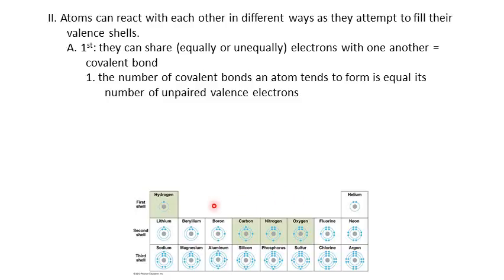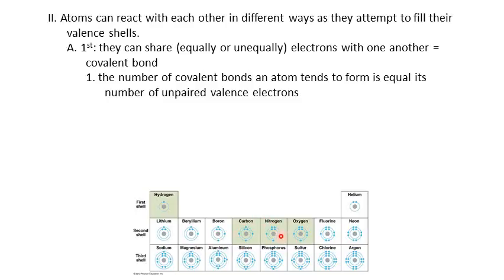So remember, the number of covalent bonds an atom tends to form is equal to the number of unpaired valence electrons. Here we have hydrogen, and it has 1 unpaired valence electron, so it tends to form 1 bond. Down here, carbon has 4 unpaired valence electrons, so carbon tends to form 4 covalent bonds.